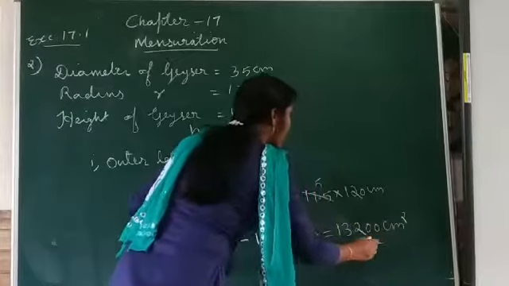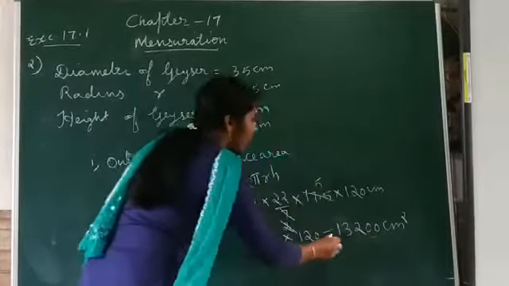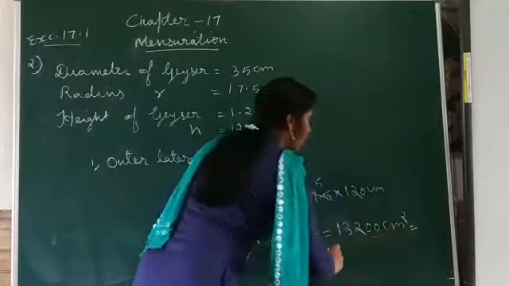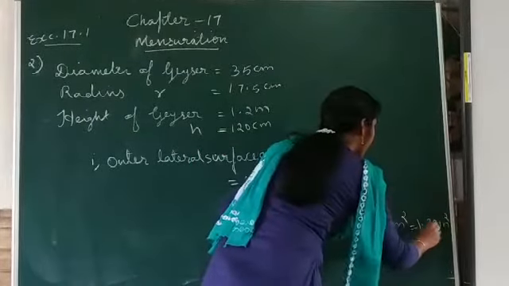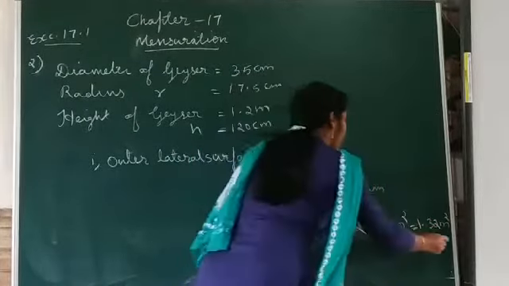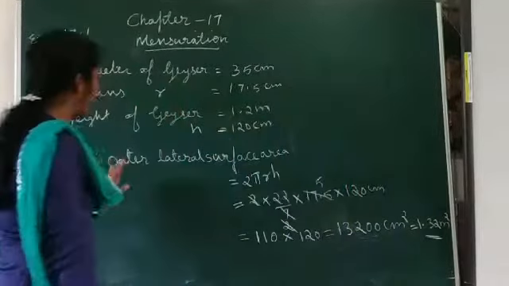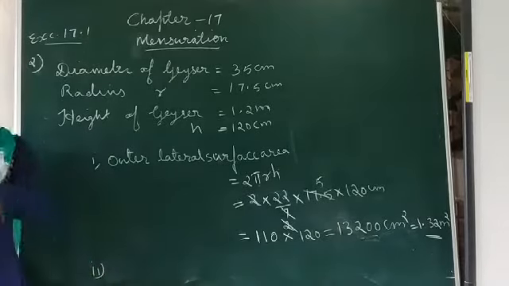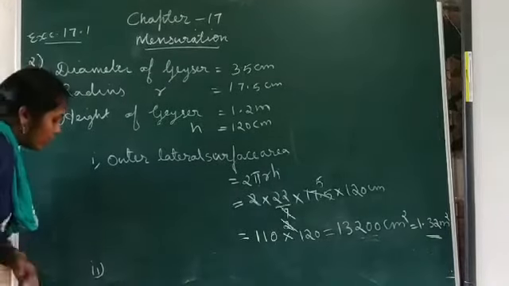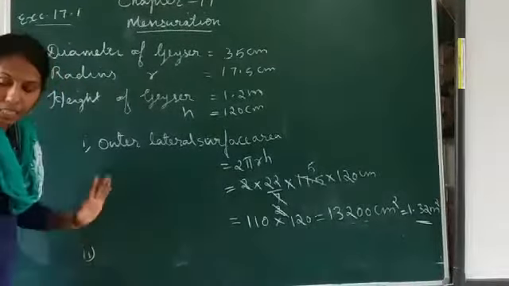So this can also be written as 1.32 meter square. So that is the outer lateral surface area. Now we have to find out the volume. Volume is equal to, we have to find out the capacity in liters.